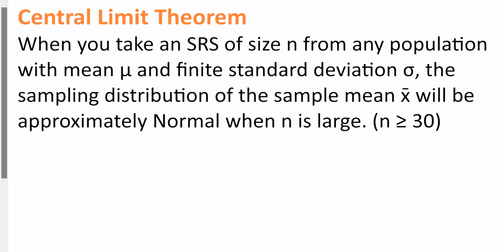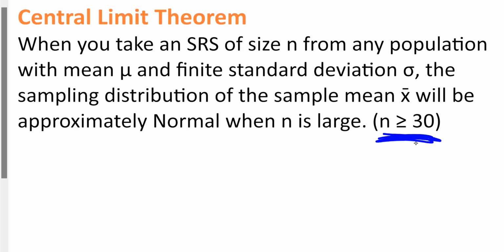And that's the idea of this theorem that we're going to introduce now. It's called the central limit theorem. It says when you take a simple random sample of size n from any population with mean mu and finite standard deviation sigma, the sampling distribution of the sample mean x bar will be approximately normal when n is large, and specifically when n is greater than or equal to 30.